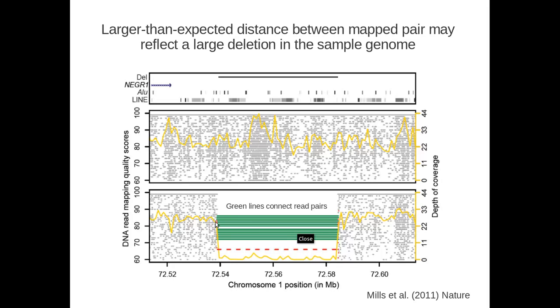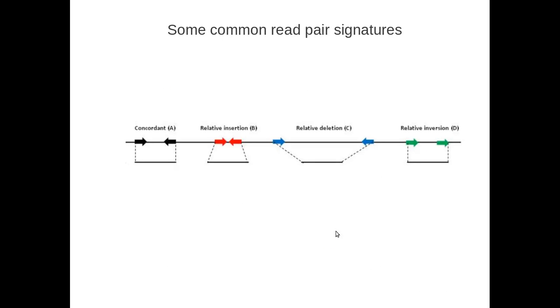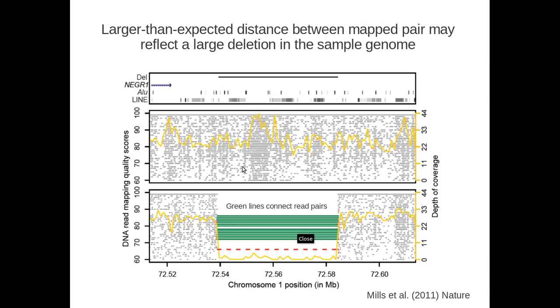Okay, and because these reads map much further apart into the reference genome than they do in the sample genome, that indicates that the sample genome has a deleted allele compared to the reference genome. And you can also see then that the read depth here in yellow also drops in this region. So we're looking at a region of 20 bases or so here, 20 kilobases rather, of a large deletion, where we're missing several genes in that region.